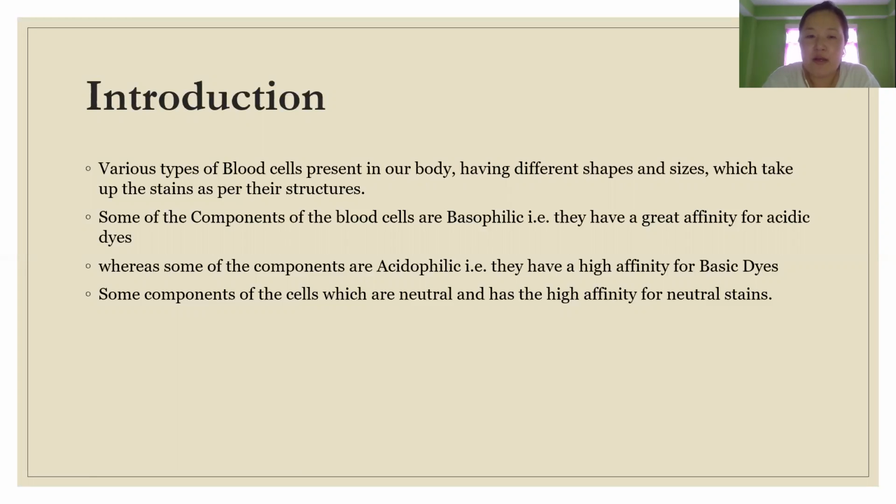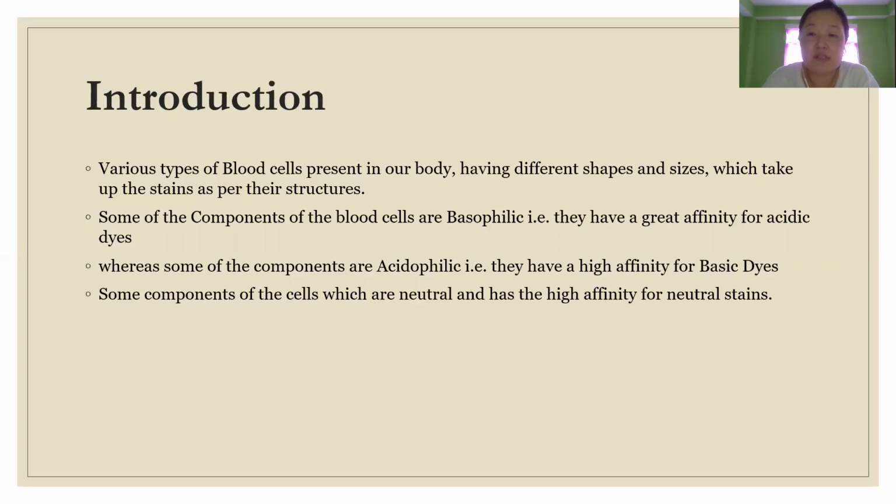A basophilic component has a great affinity to take acidic dye, just opposite to each other. Whereas components which are acidophilic have a very high affinity towards basic dye. Components of the cells which are neutral have a high affinity for neutral stains.